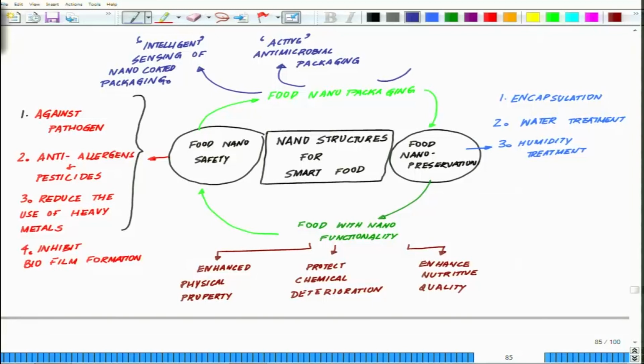and bio-based, eco-friendly, edible packaging.